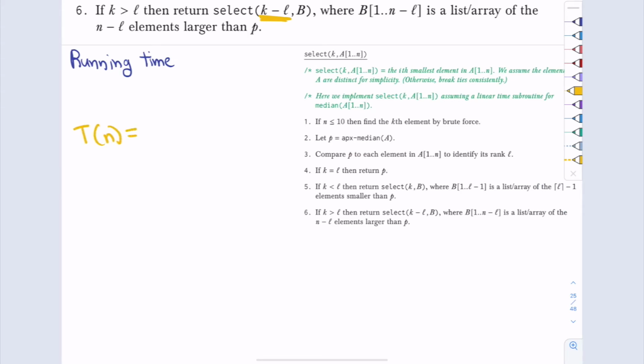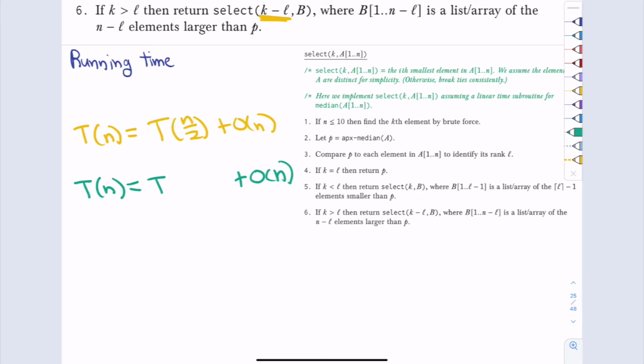Last time we had something like this. Okay. This time, though, we don't get 1/2. We get some number between 1/10 and 9/10, because we're guaranteed the median is not in the outer 1/10.